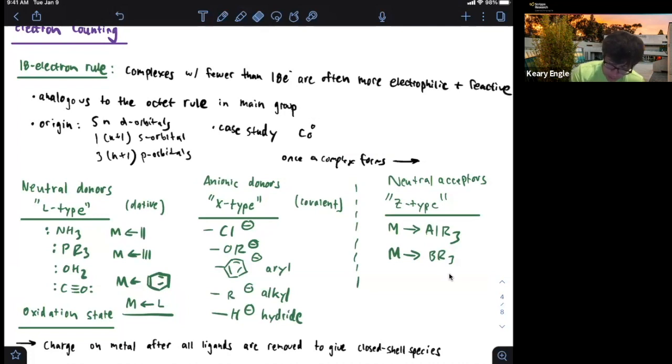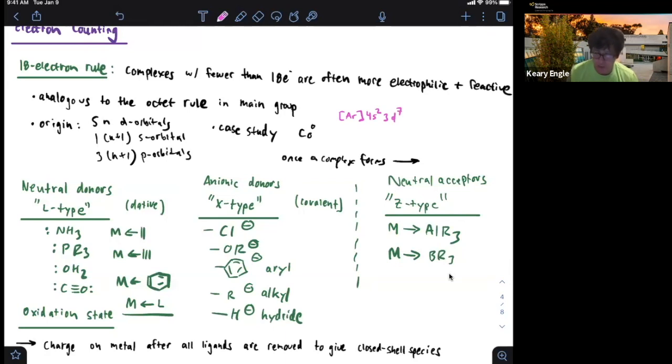So cobalt 0 has the electronic configuration of argon, and then 2 4s electrons, 7 3d electrons.